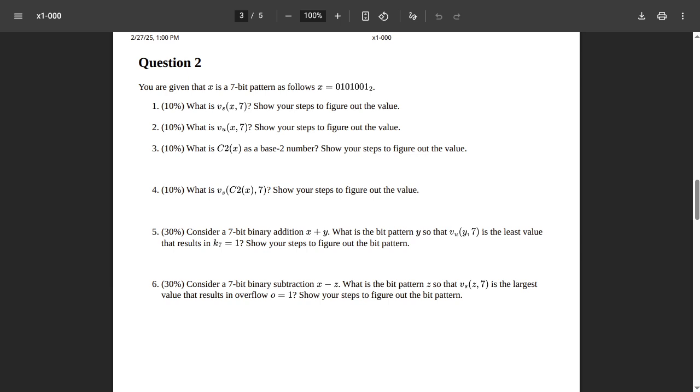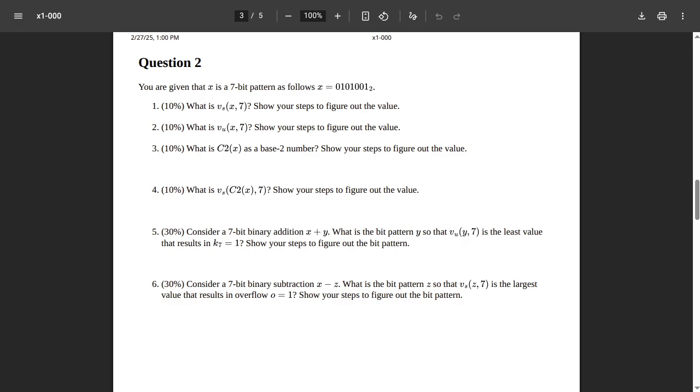Or you can have a little table with powers of 2, 1, 2, 4, 8, 16, 32, and circle the ones that are ones, and then draw arrows from all of those circles to 41, meaning that they add up to 41. That works too, okay? Because I just need to know why you know it is 41.